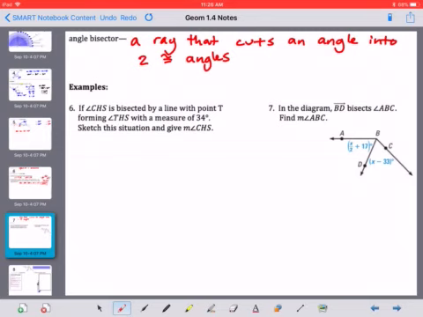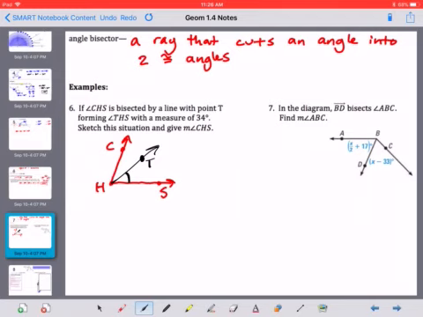In example 6, they tell us we've got this angle CHS. And angle CHS is bisected by a line. So we've got this line here that bisects it with point T forming angle THS.